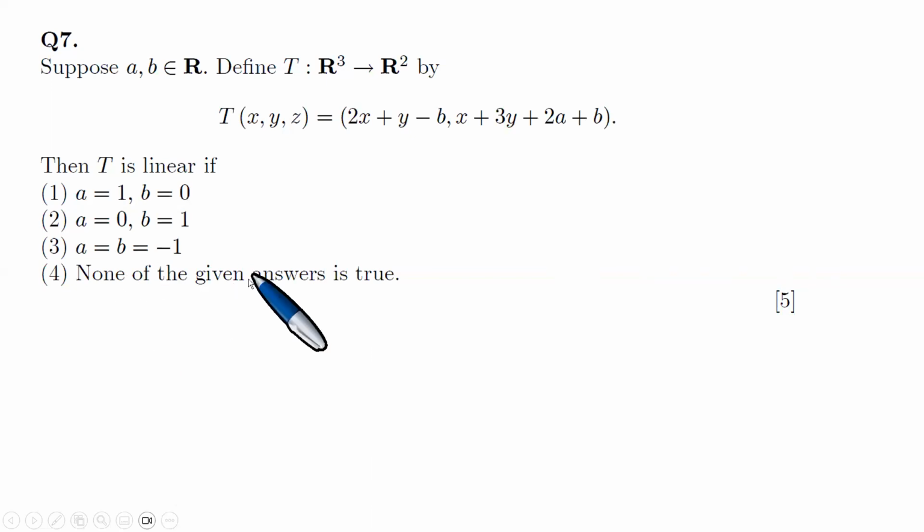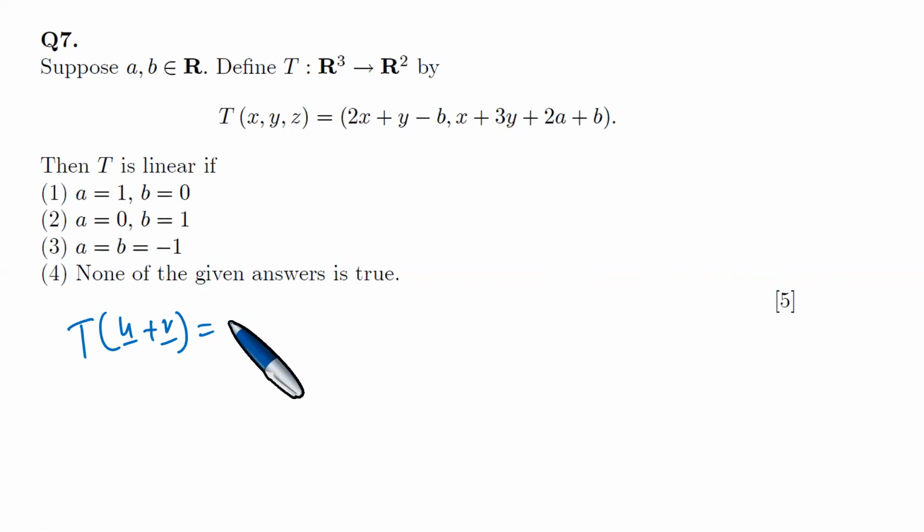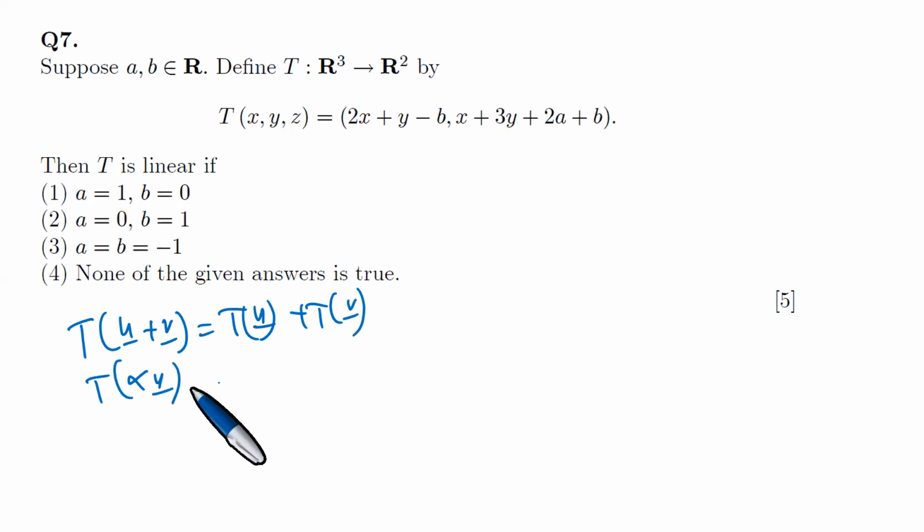The linearity part, what does linear mean? Linear means that T of a vector u plus vector v is T of u plus T of v, and T of alpha u is alpha T of u.